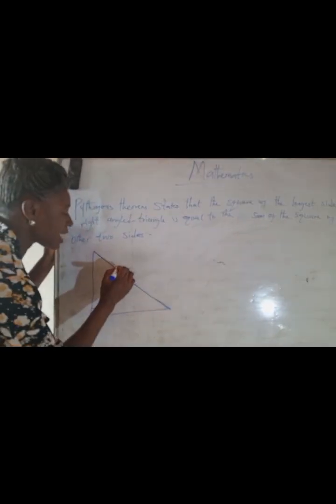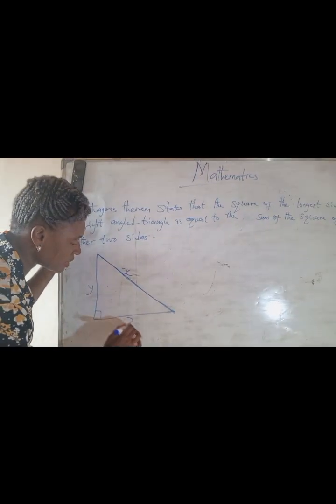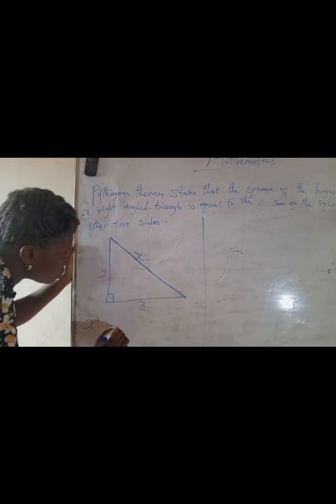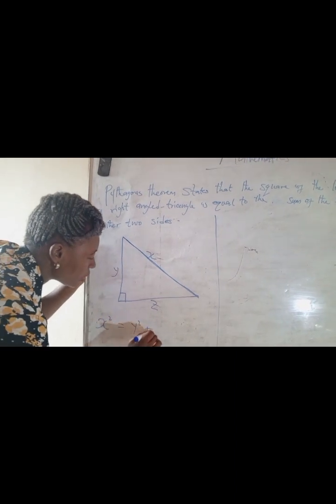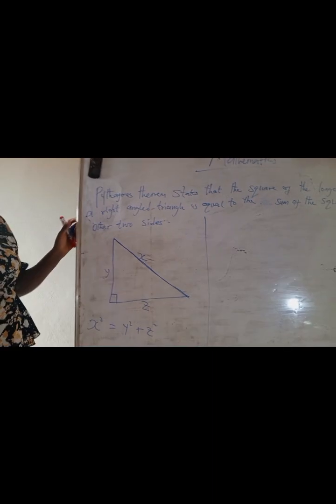Assuming that this side is x and here is y, then here is z, what Pythagoras is saying is that x square is equal to y square plus z square. So this is the statement, the theory of Pythagoras.